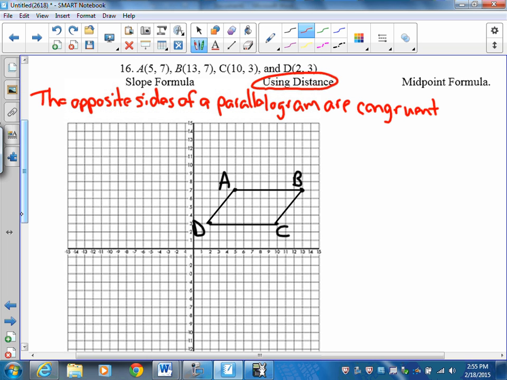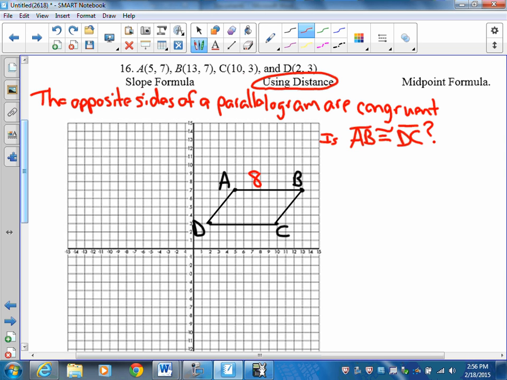So I already have it graphed out here. Is AB congruent to DC? This is easy to do. Since we have the graph, we can just count it. We can also use our distance formula, but it's much easier whenever we graph it. So we have 1, 2, 3, 4, 5, 6, 7, 8.